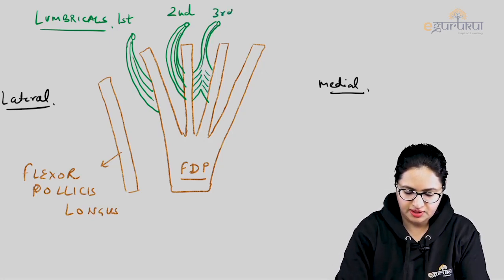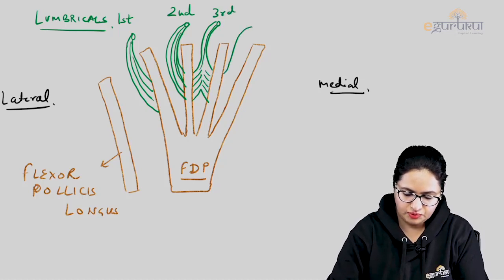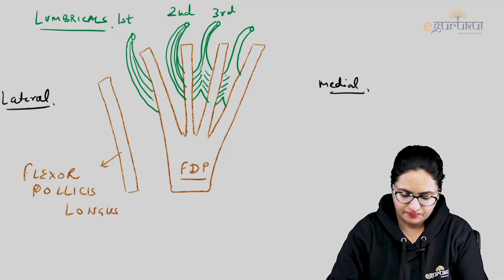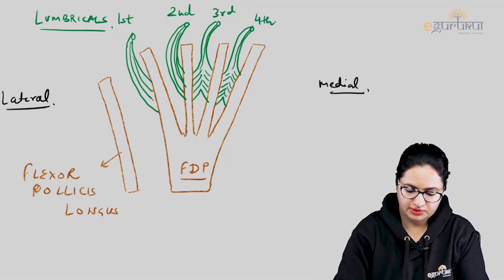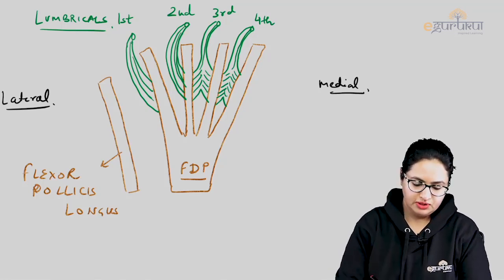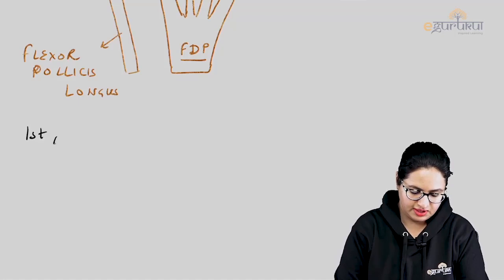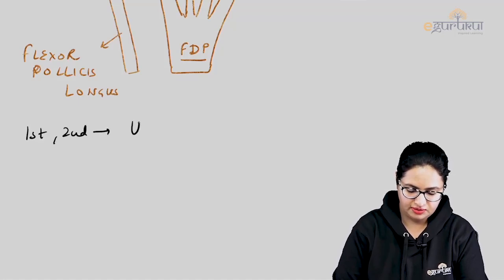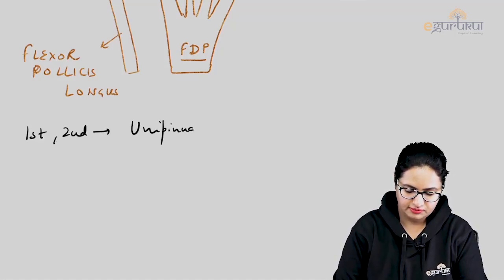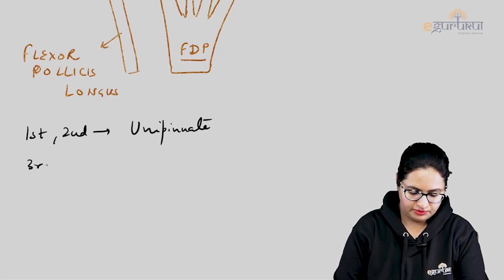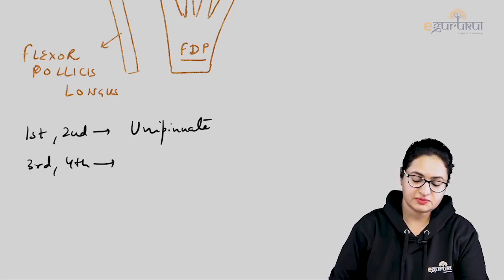This is the third lumbrical, and in the same way the fourth lumbrical takes origin in the same manner from the adjacent sides. This is the fourth lumbrical. So now we can say the first and second lumbrical are unipennate, and the third and fourth lumbrical are bipennate.